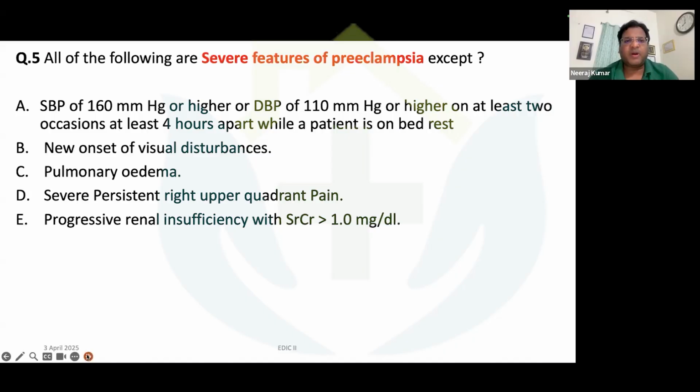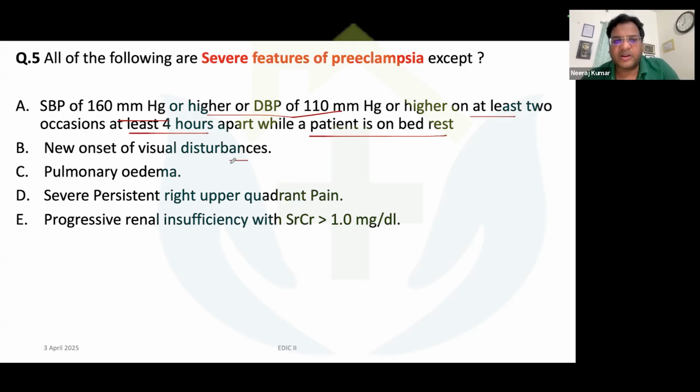Now coming to the next part: which of the following are features of severe preeclampsia except? Here, SBP 160 mmHg or higher or DBP 110 or higher on at least two occasions, at least 4 hours apart while the patient is on bed rest, first defines severe preeclampsia.